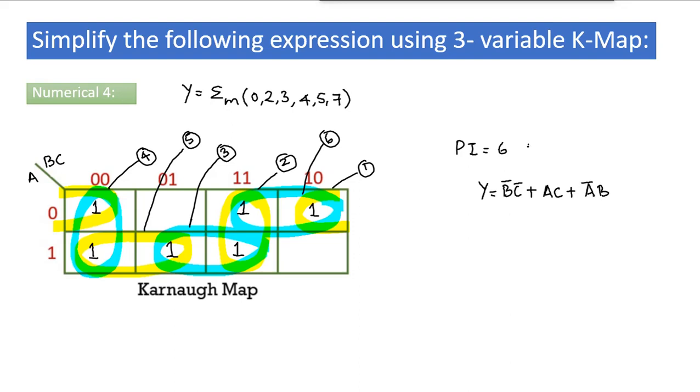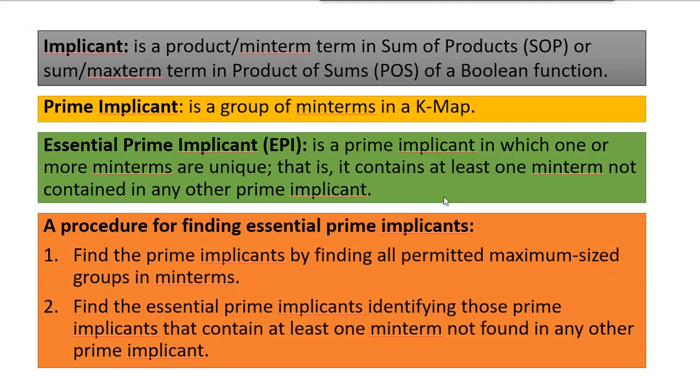So in this particular case, even though the prime implicants are 6, the essential prime implicants will be equal to, and that satisfies the definition that we have seen, which says that an essential prime implicant is an implicant in which one or more minterms are unique, that is, it contains at least one minterm not contained in any other prime implicant.